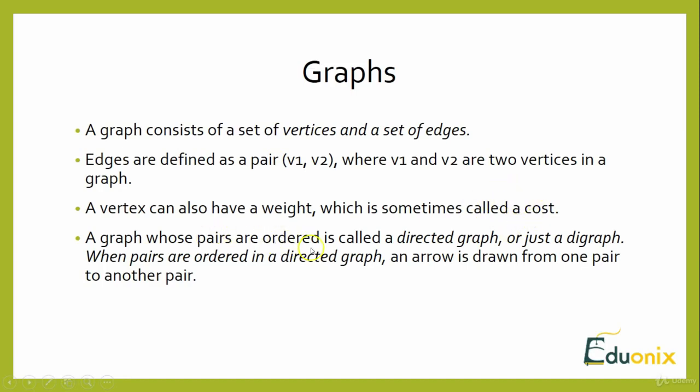A graph whose pairs are ordered is called a directed graph, or just a digraph. When pairs are ordered in a directed graph, an arrow is drawn from one vertex to another. So let's have a look at the basic terminologies and the structure of a graph. The study of networks has become one of the great scientific hotbeds of this century, though mathematicians and others have been studying networks for many hundreds of years.